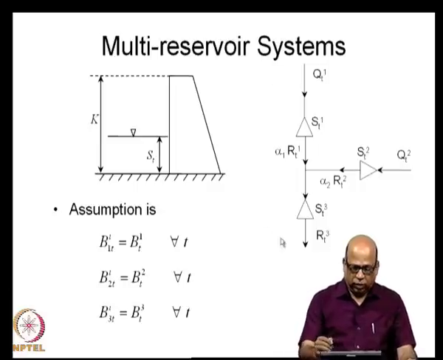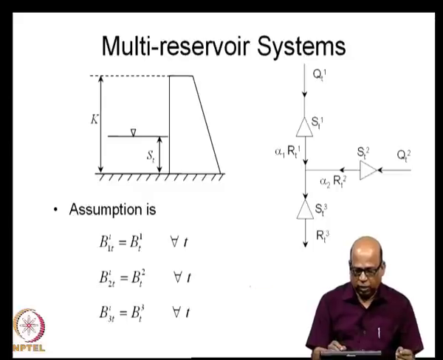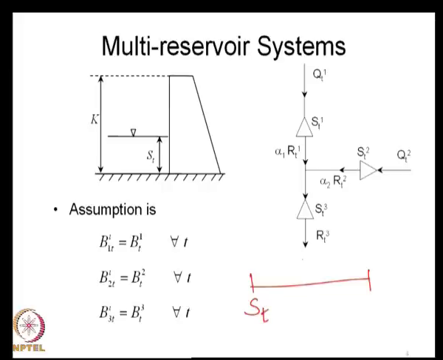Now, for this example, you understand that the storage at any particular time, and we refer to the storage S T as the storage at the beginning of the time period. So, this is the time period T, and this is the storage at the beginning of time period T. Now, this storage must always be less than the capacity K. Further, this is the freeboard that we are talking about.